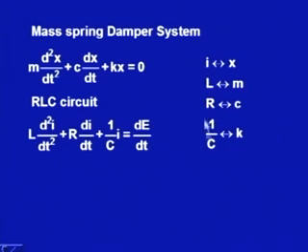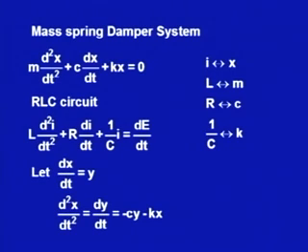I mean to say that whatever be the effect of k in the mass spring damper system, the same effect is observed by 1/C in the RLC circuit. Whatever effect c has here, the same effect R has in the RLC circuit.